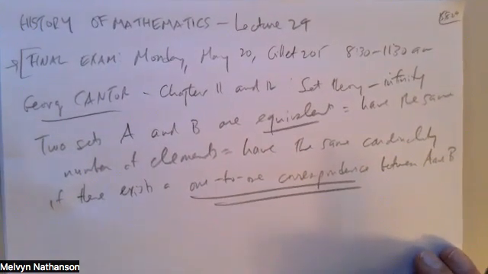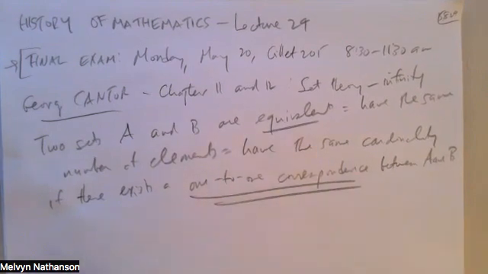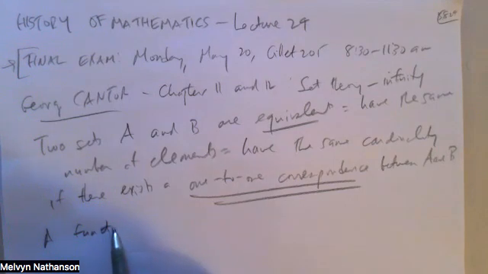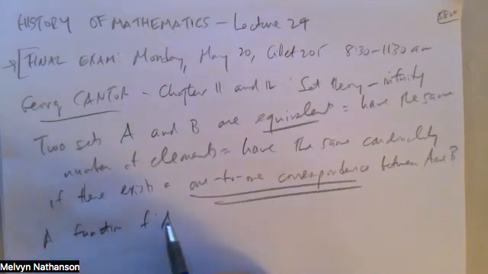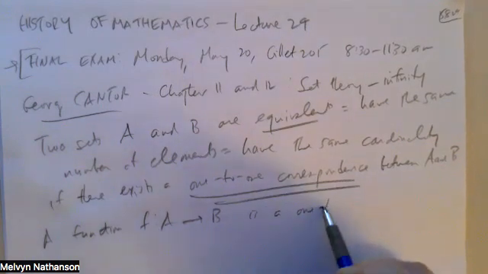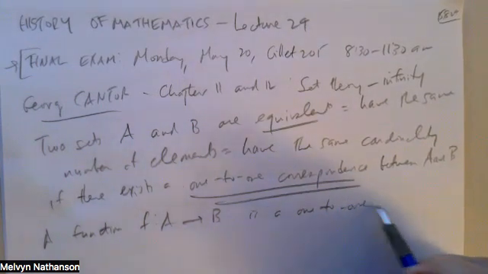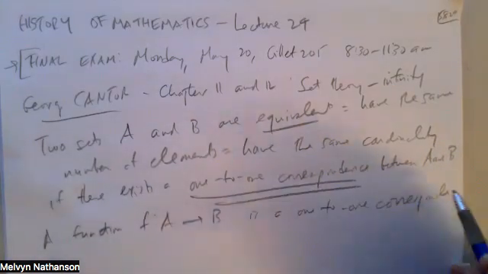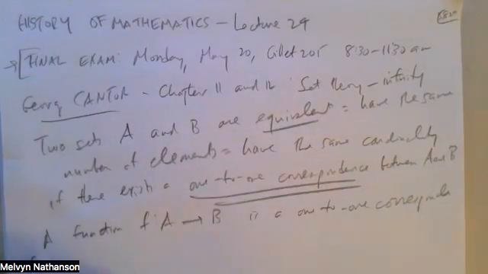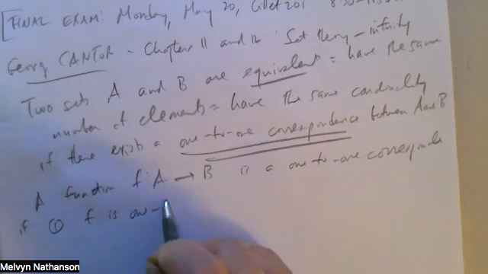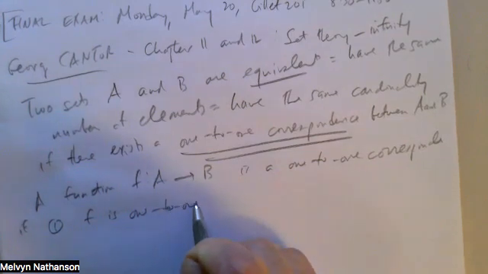And what is a one-to-one correspondence? A function f from A to B is a one-to-one correspondence if it satisfies the following two properties. First, f is one-to-one.